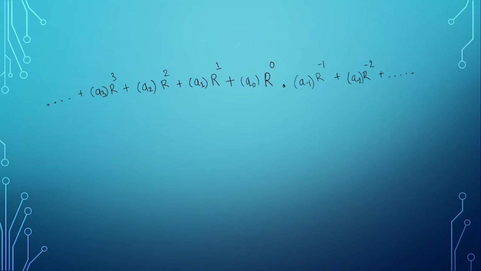Now say for example I want to make a number, 327 in the decimal number system. So let us make it quite general.